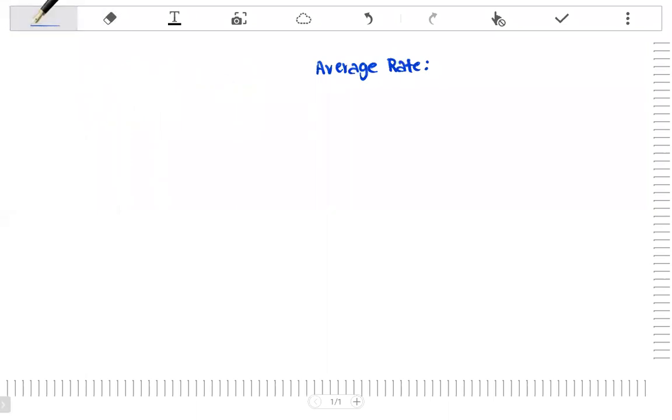So let's take a function, for example, f of x equals x cubed plus 2x plus 1, right? So we are going to try to find the average rate of this function, let's say from -2 to 1. What does this mean? These are restricted boundaries.